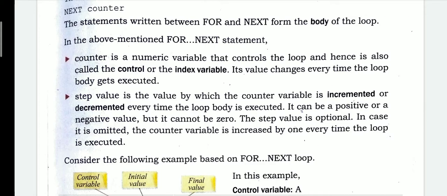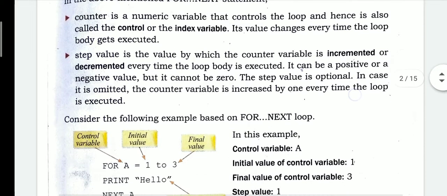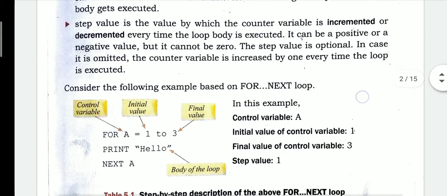If the initial value is less than the final value, the step value must be positive, or if the initial value is greater than the final value, the step value must be negative, but the step value can never be 0.